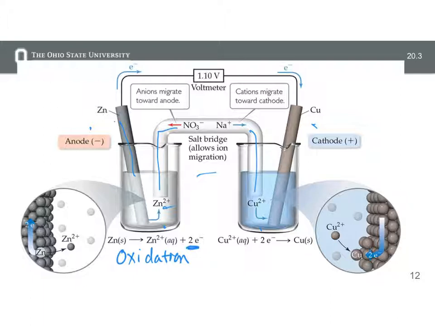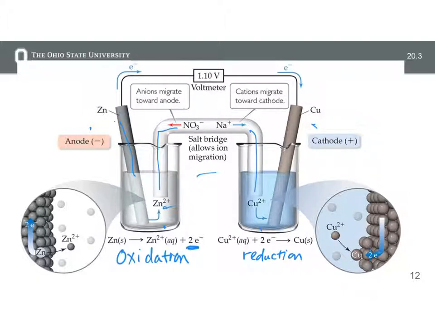Okay, for the other half reaction, we have a reduction taking place. We're gaining electrons, reduction is gain. The electrons show up on the reactant side of the half reaction. And again, in terms of our solid, copper is a piece of copper wiring or sheet in the solution of copper ions.